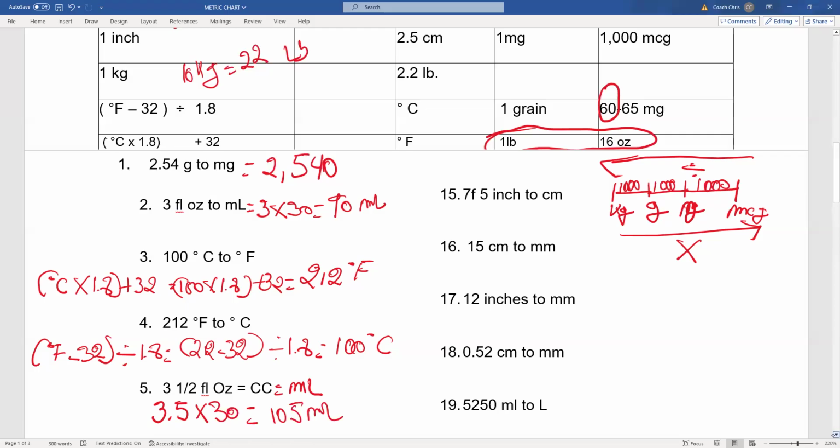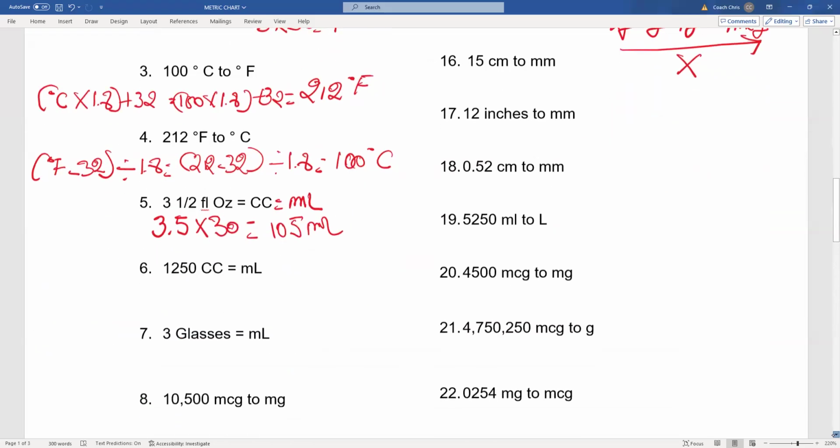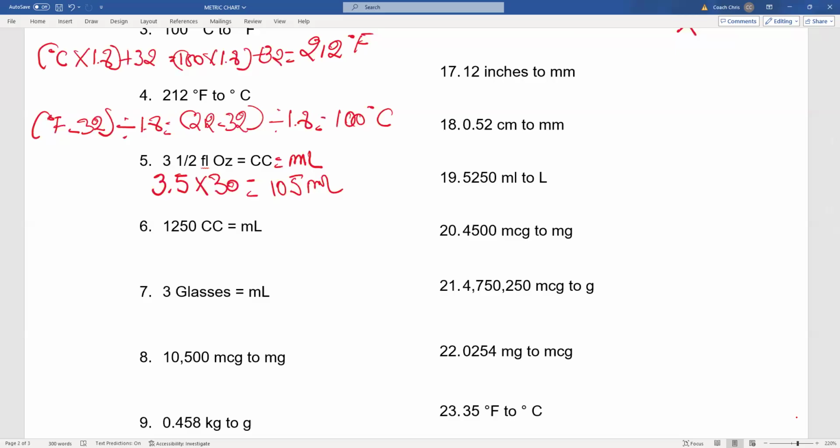Remember, I said you're gonna do a lot of exercise to get the hang of it. So 1250 cc equals how many milliliters? Since we say cc and milliliter are the same thing, 1250 cc equals 1250 milliliters. We talked about this. 1 cup is the same thing as a glass. When you go from something to milliliter, you will have to multiply. Don't forget that one. 1 glass is the same thing as a cup. 1 cup equals 240 milliliters.